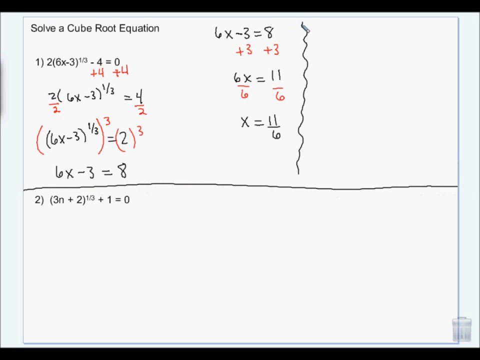And then we need to check it. So I'm going to plug 11/6 into the original equation. If I multiply 6 times 11/6, my 6's cancel. So I get 11 minus 3.